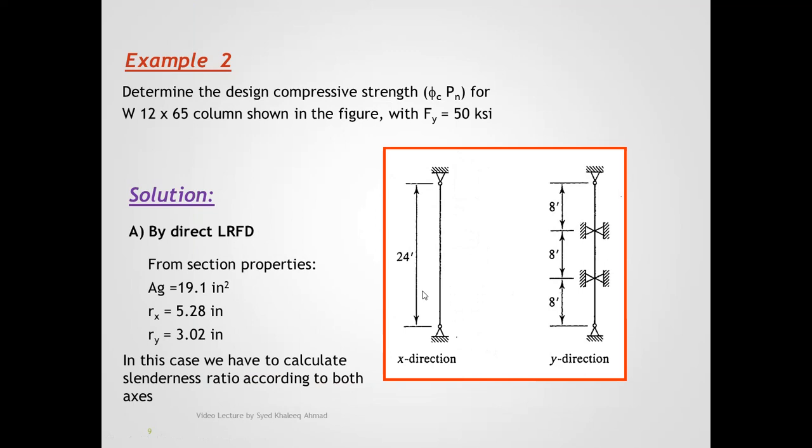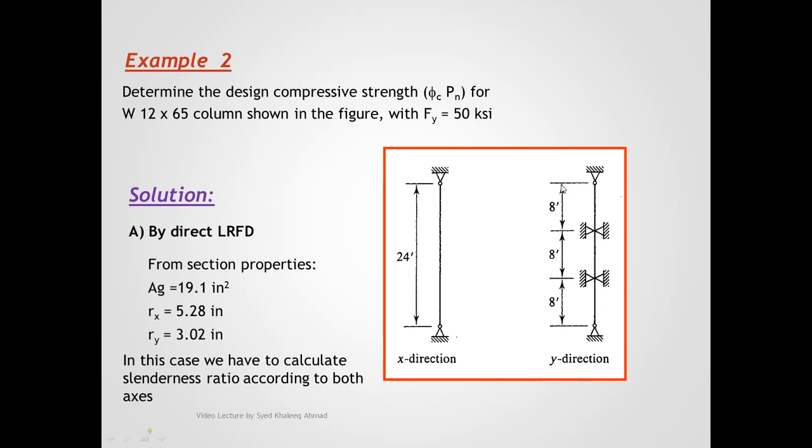Now we will solve one example, and in this example you will see that the value of this effective length will not be the same. In this case, x direction has effective length 24 foot, but in y direction, because they have provided this lateral bracing, the length about y direction is reduced. It is 8 foot, 8 foot, 8 foot, so total length 24 foot.